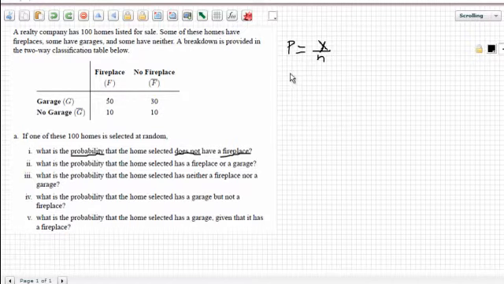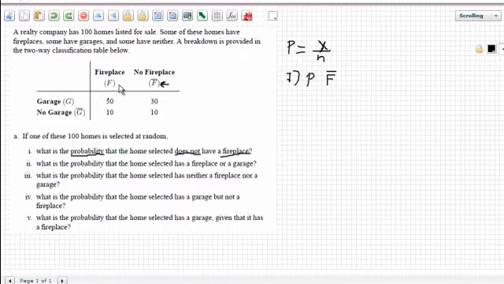For the first part of the question, it says, what is the probability that the home does not have a fireplace? So how do we denote not having a fireplace? Well, we denote that with F bar. As you can see over here, they've labeled no fireplace as having a bar on top. You can think of it as the opposite of having a fireplace.